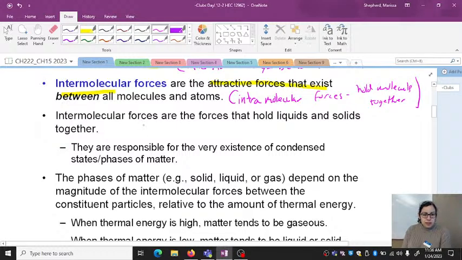These intermolecular forces are the forces that hold liquids and solids together, so that's why water, for example, is a liquid at room temperature. We'll go into the abnormalities of water.